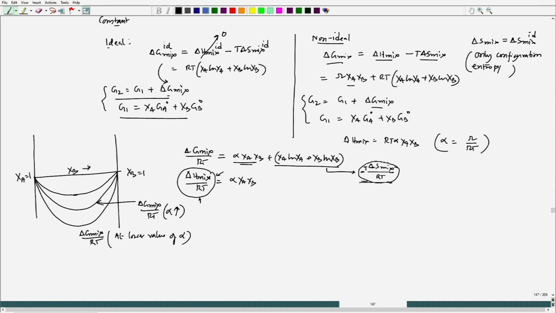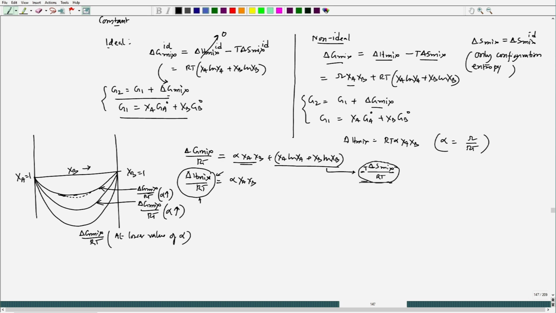So there is a kind of, so had it been normal convex downward, a dotted line would have been the shape, but instead of that, with increasing alpha, it takes a shape like this, further increase in alpha, further increase.